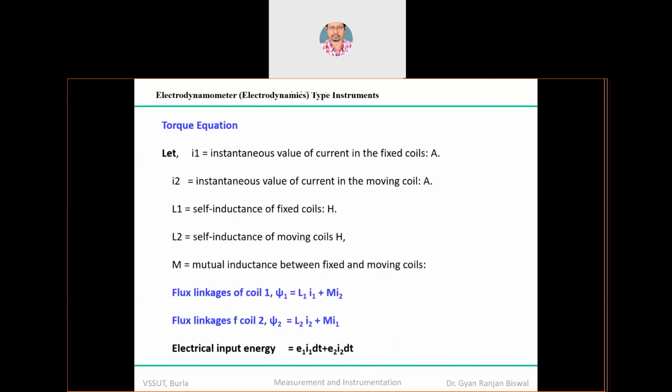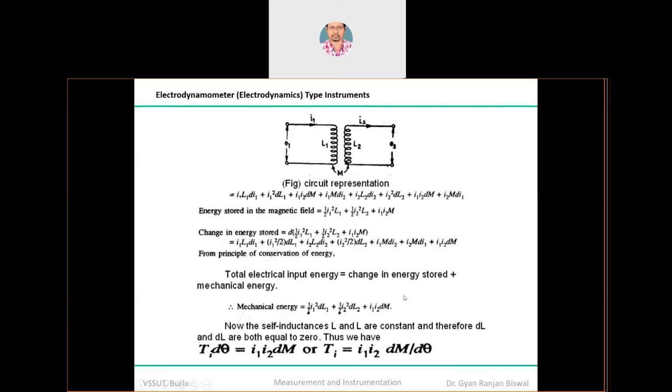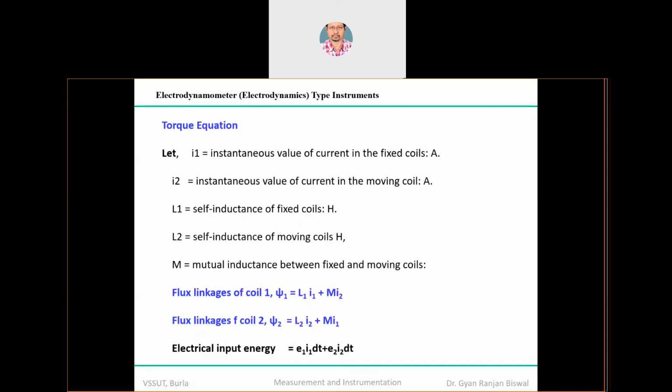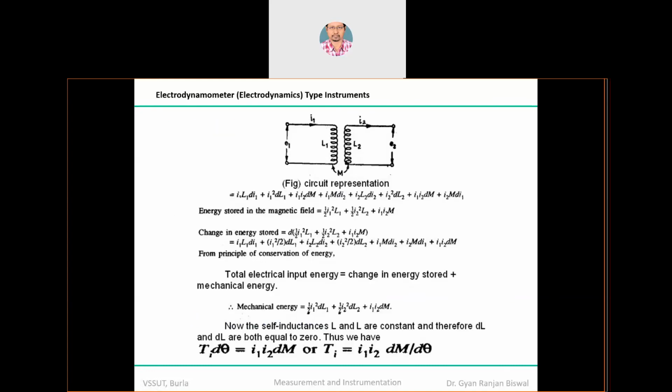From this statement, you know the values of E1 and E2 in terms of L1, I1, that means the flux linkage. If you substitute these values, you will get the standard equations. So here I give you the assignment question: derive the torque equation, apply the steady state condition, and find the torque experienced by an electrodynamometer instrument at the steady state condition.